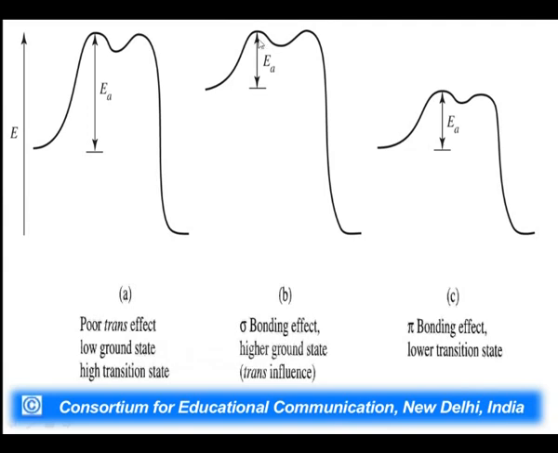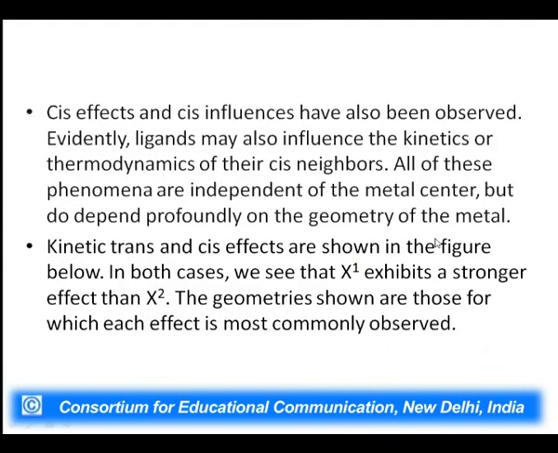As a result, the rate of reaction will increase, and this is the effect of pi bonding. Here the ground state is not stabilized, but the transition state is stabilized because of the transfer of electron density from the metal ion, from the intermediate, to the pi accepting ligands.